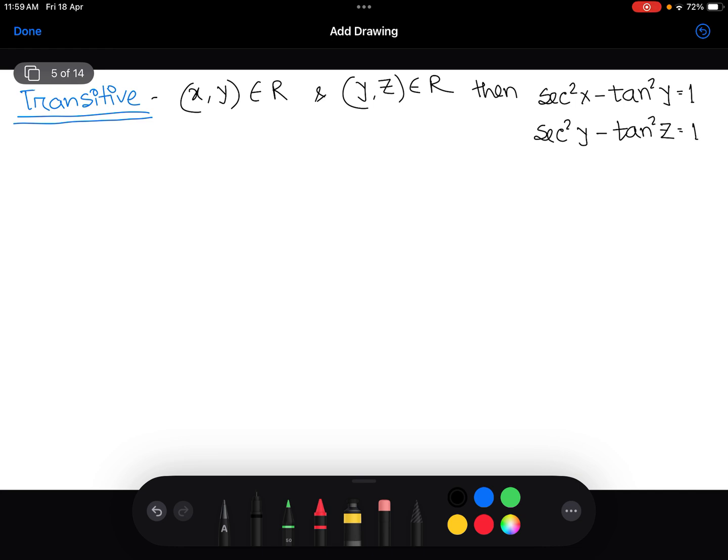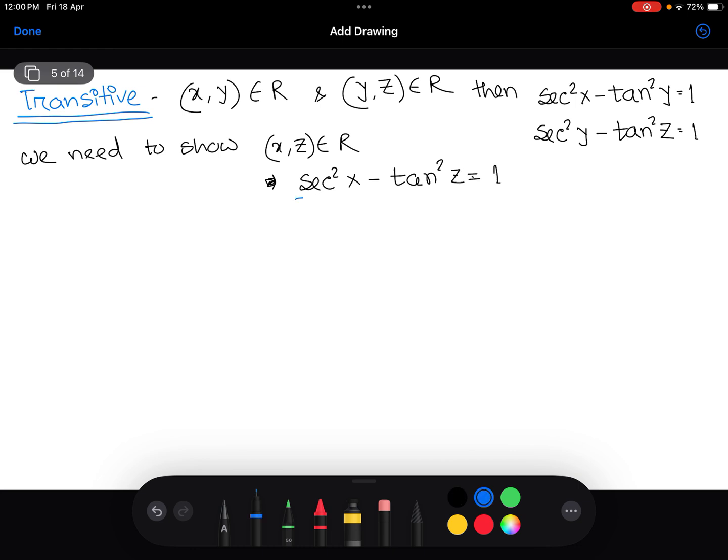So what do we need to show? We need to show that (x, z) is in R. That means sec square x minus tan square z is equal to 1. We need to show this, right? So how can we show it?